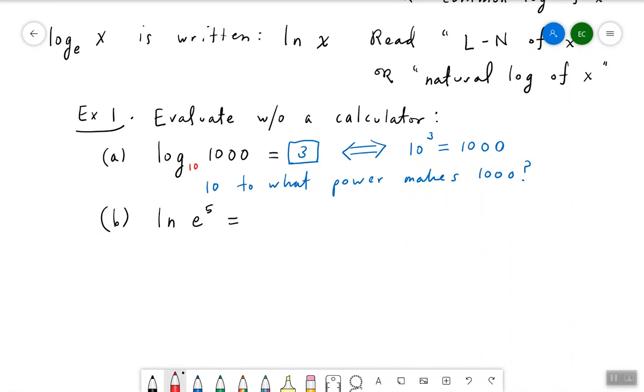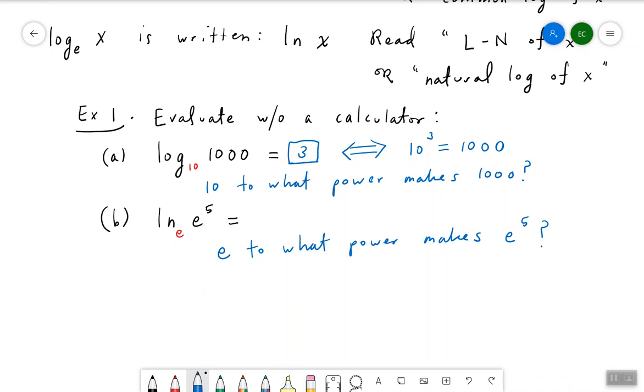So, again, since we see ln, we know that the base is e. We could write it in just for emphasis. And then the question is, if we take this base e here in red, what power does it need to make the argument e to the 5th? e to what power makes e to the fifth?